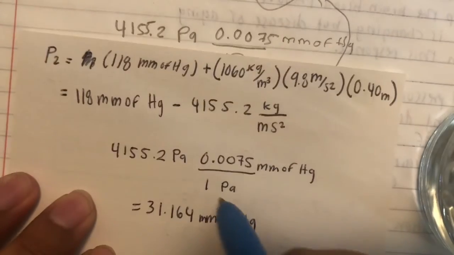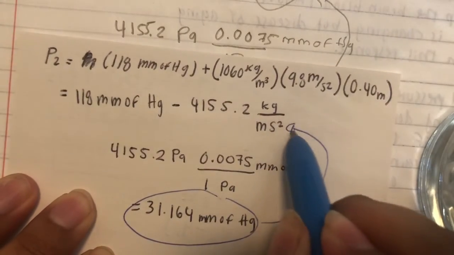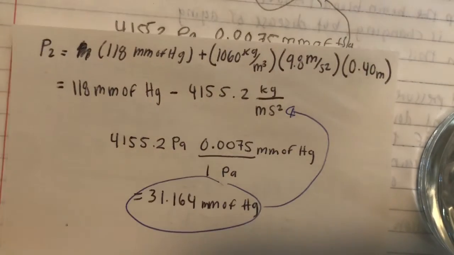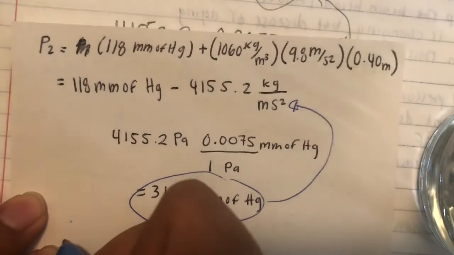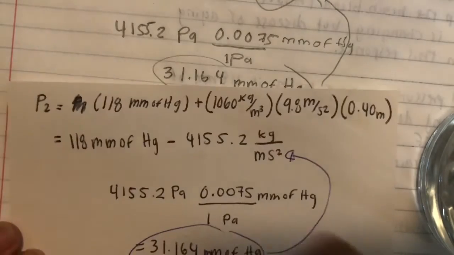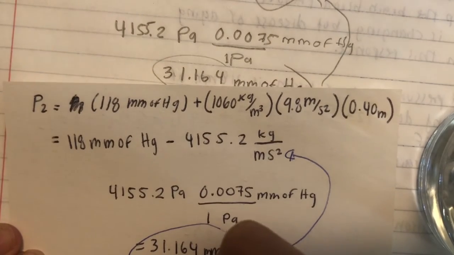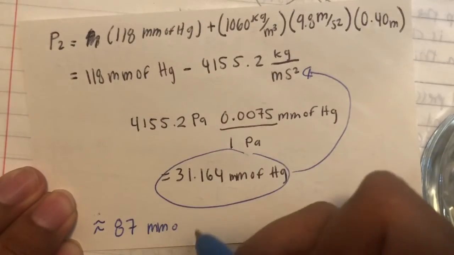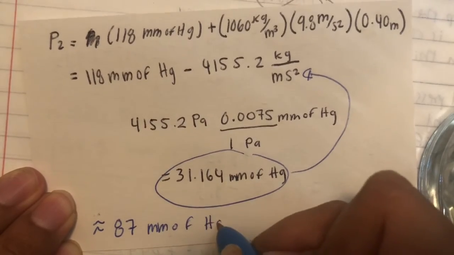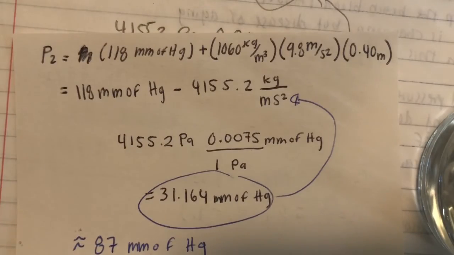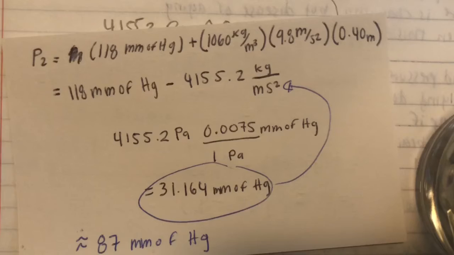So we're just going to plug this back in here. 118 minus 31.164 is about 87 millimeters of mercury. So that will be our final answer.